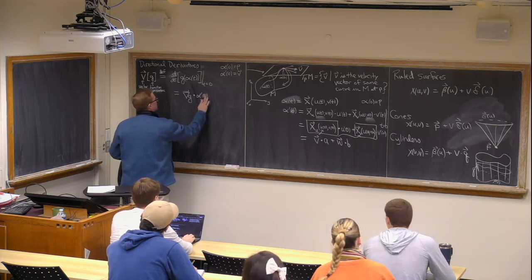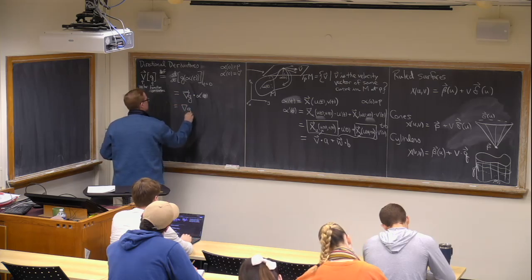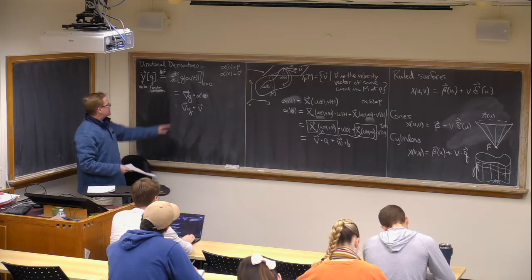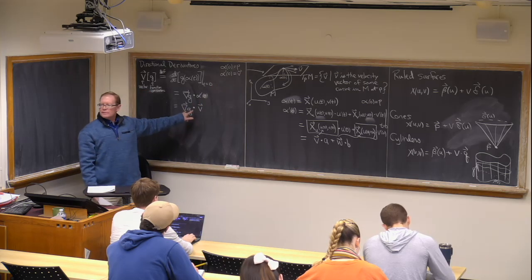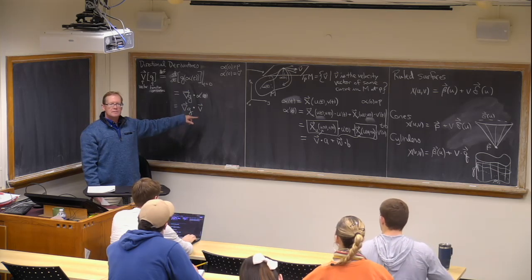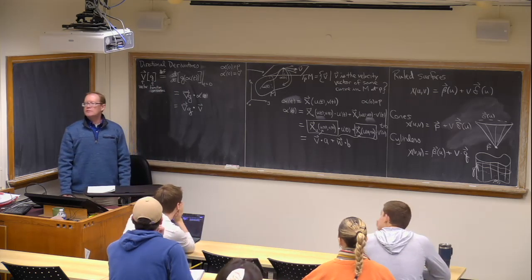Alpha prime is evaluated at t equals 0, right? Which equals the gradient of g dot product v, because alpha prime of 0 equals v. And this is probably how they defined the directional derivative for you before. You say just take the gradient of the function dot product with the vector, right? So this definition agrees with your previous notion of directional derivative.